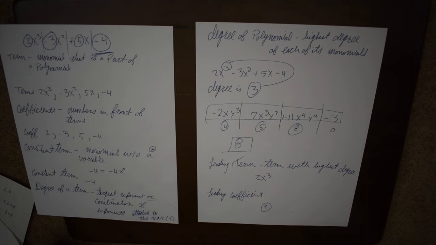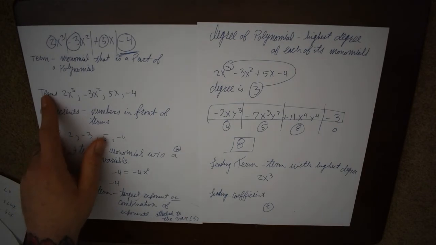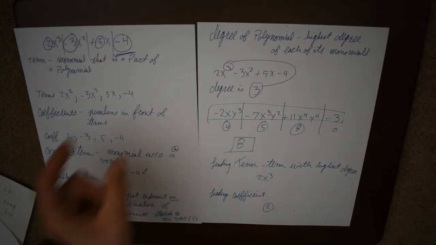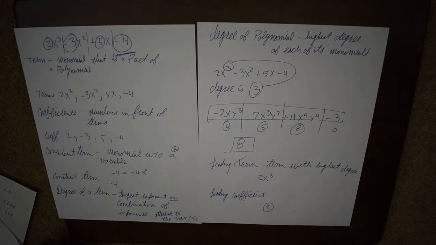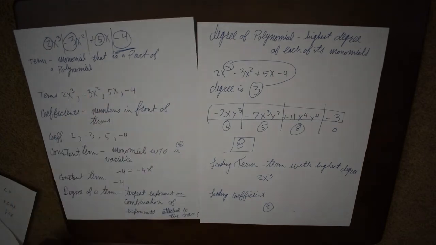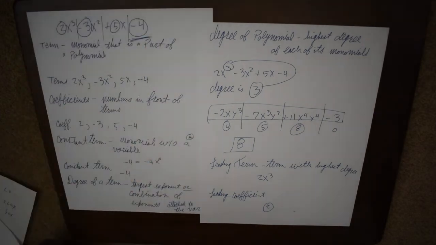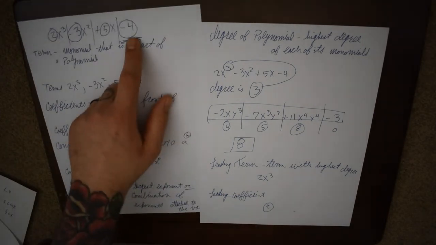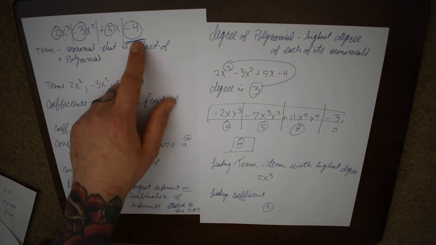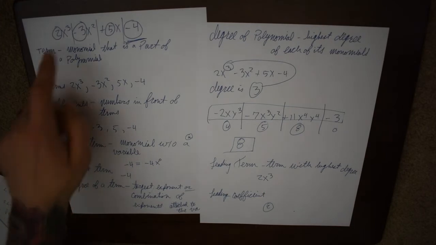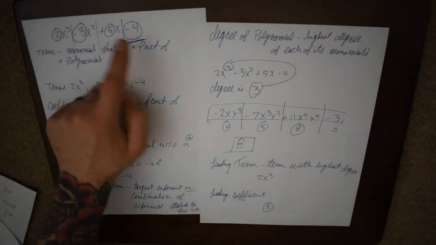So these are the new vocab terms we're going to be using to talk about polynomials. Terms are just the little snippets that make up polynomials. A term is just a monomial that is part of a polynomial. Coefficients, they're the numbers floating around out front. Constant terms, that's the term that doesn't have any variables. The degree of a term, you're just looking at the highest exponent.